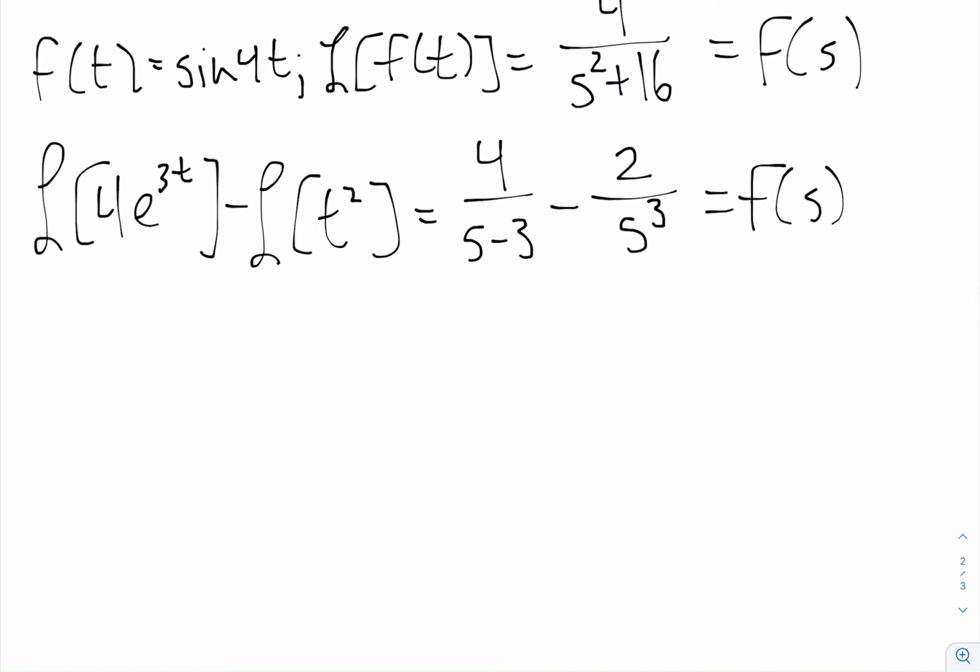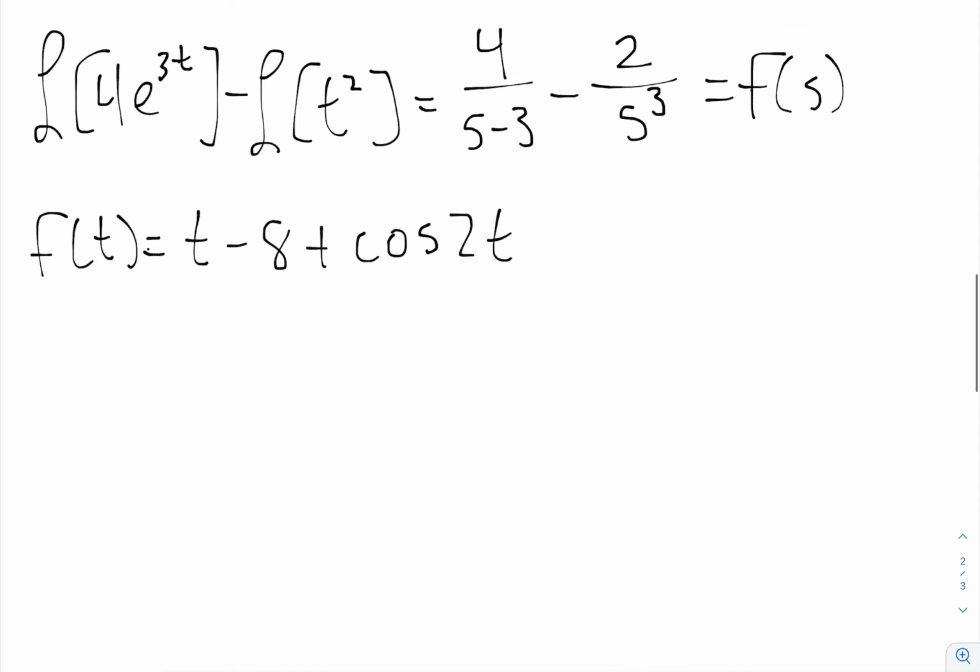Okay, kind of cool. So now, let's do maybe one more. Let's say f of t was equal to t minus 8 plus cosine of, I don't know, 2t.